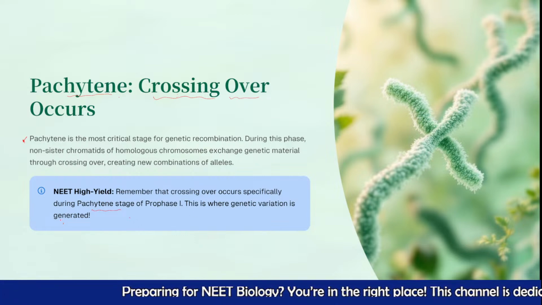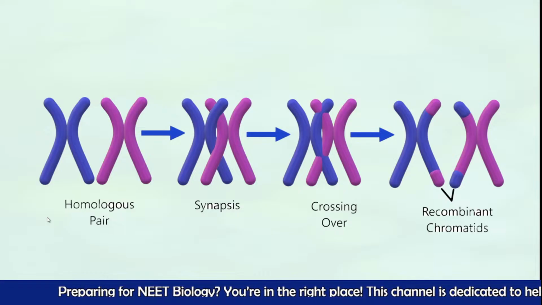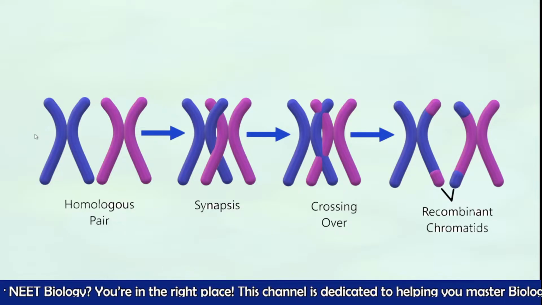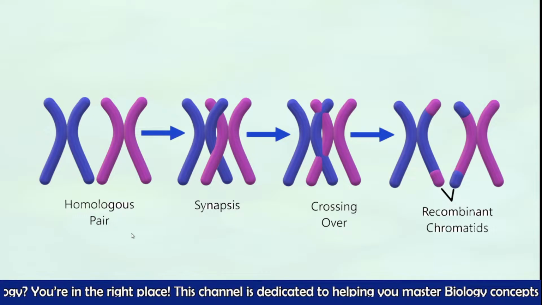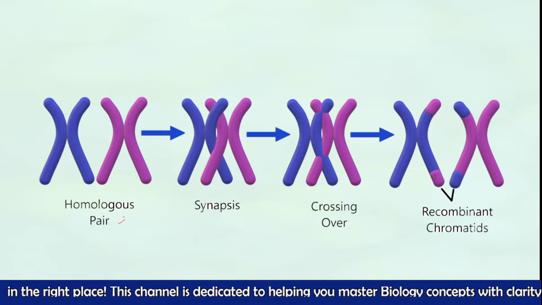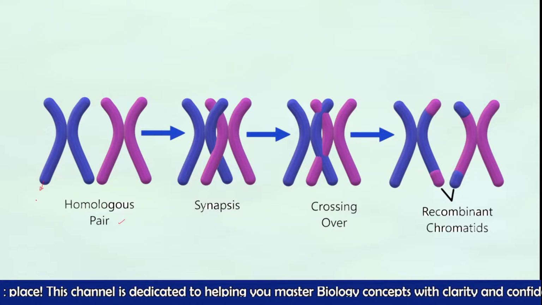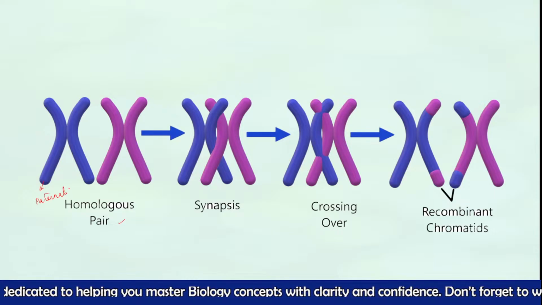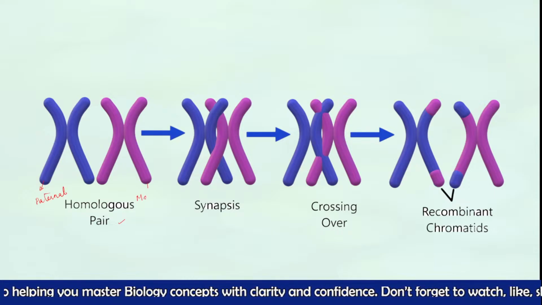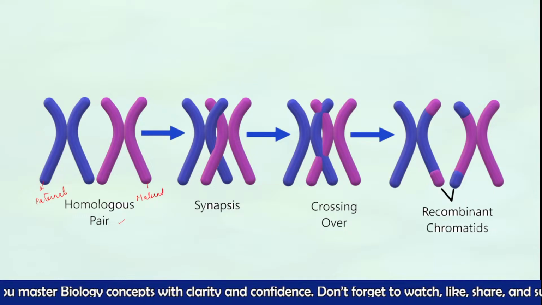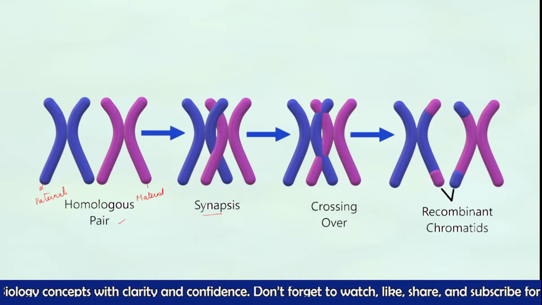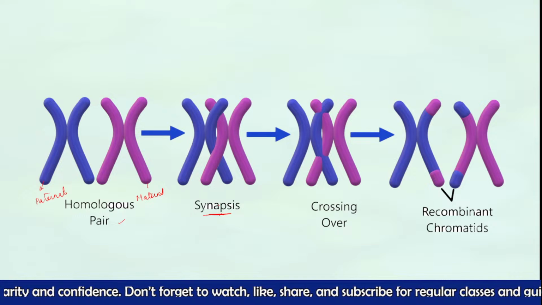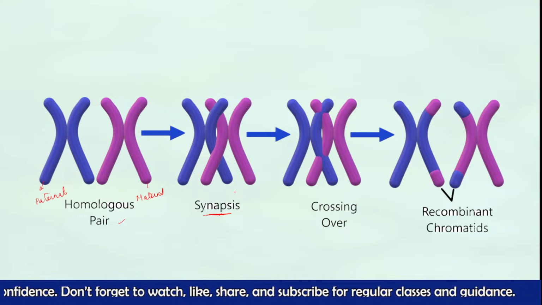Okay, now let's discuss with the help of a diagram how crossing over takes place. You can see here, first there is a homologous pair of chromosomes. Suppose this one we can call the paternal chromosome and this the maternal chromosome. In the next stage we can see synapsis, the pairing of the homologous chromosomes, they just pair with each other.